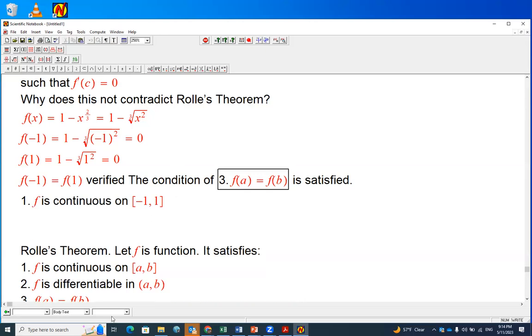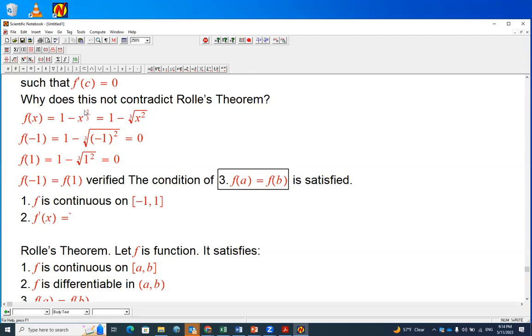Now the question is, can we take a derivative? Is it differentiable? If it is differentiable, we can take a derivative. What do we get? The derivative of 1 is 0.